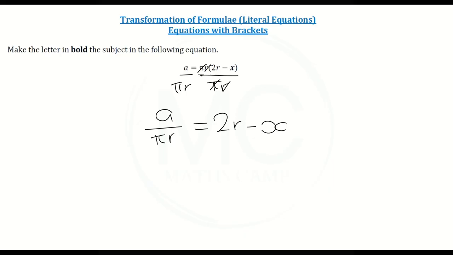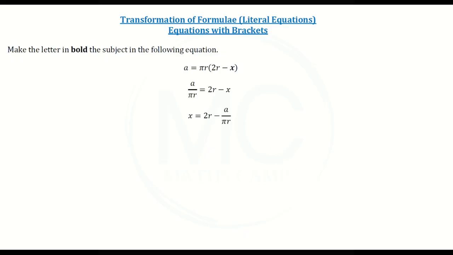X is our bold letter, but it's negative. So to make it positive, we move it to the other side of the equal sign. Put it over here. Now we need to move a over pi r to the right. So let's put in 2r, which is already there, minus a over pi r. And x is now the subject of the formula.